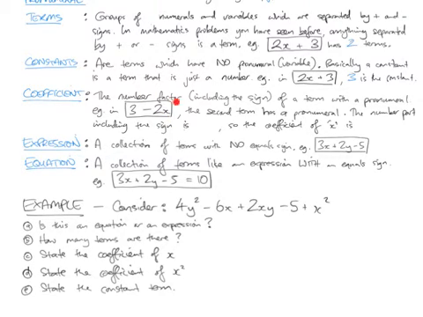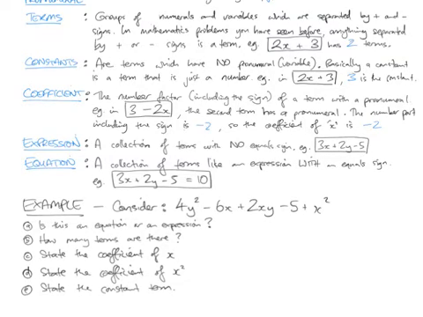So the number part, including the sign, of the term that has the pronumeral in it is the coefficient. In this case, it's negative 2, because that's the number in front of the pronumeral x. So the coefficient of x is negative 2 in this case.